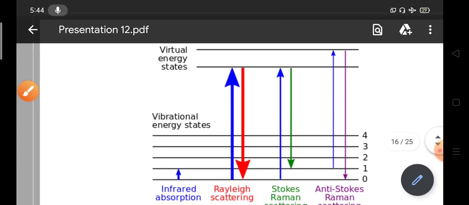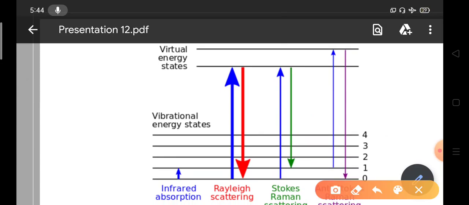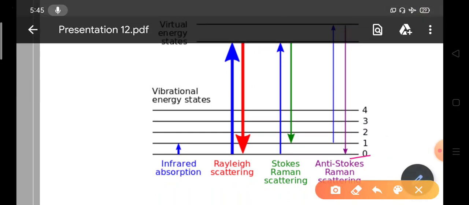Now suppose the third case, where initially the molecule is in an excited vibrational level, not V equals 0 but V equals 1. Then it absorbs the incident light, can jump to a virtual energy state, and then come back to the V equals 0 level. Now it will radiate its own energy also.